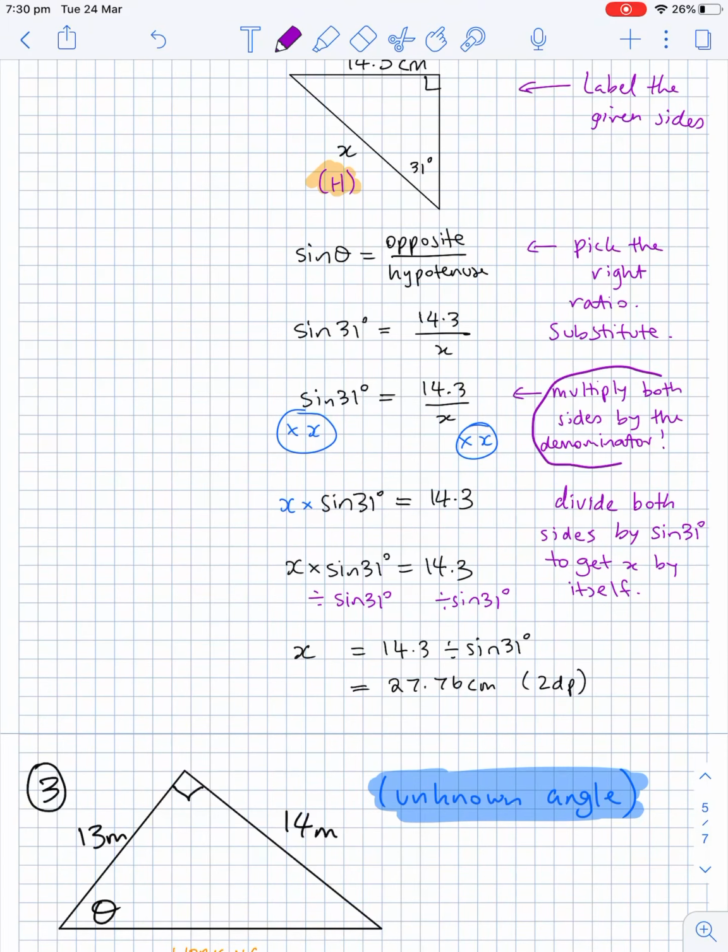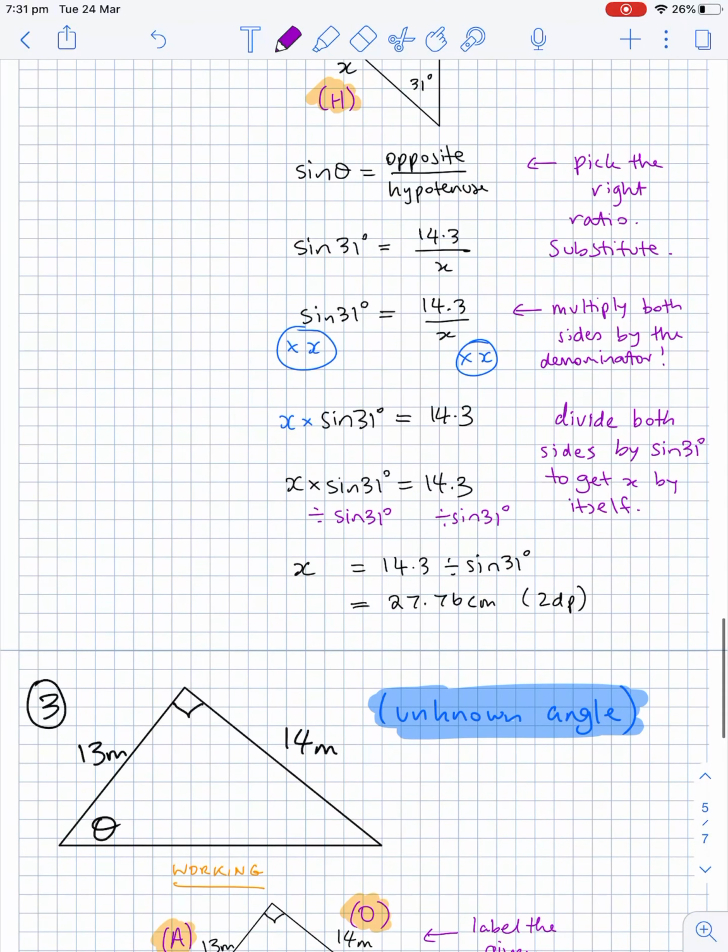Now, we still need to multiply both sides by the denominator. Really important to remember this part. So I'm going to times my denominator x, so times both sides by x. And we've got to think when we do that, that x cancels with that x there, so those two scribble out. And then this x times is over here. So we get x times sine 31 equals 14.3, because that's what's left over.